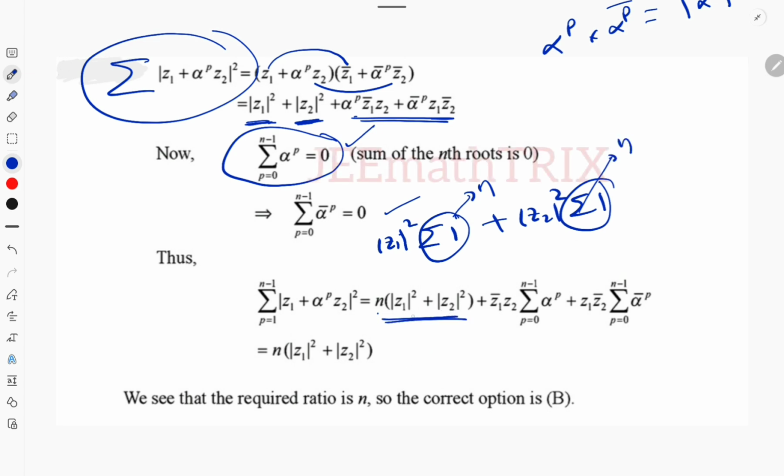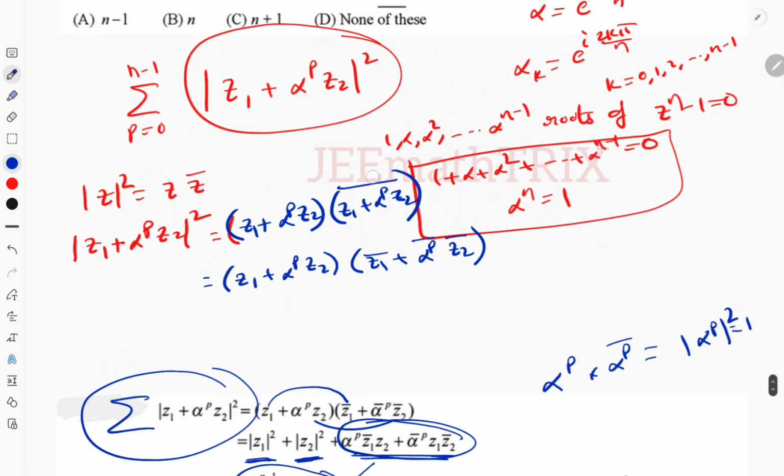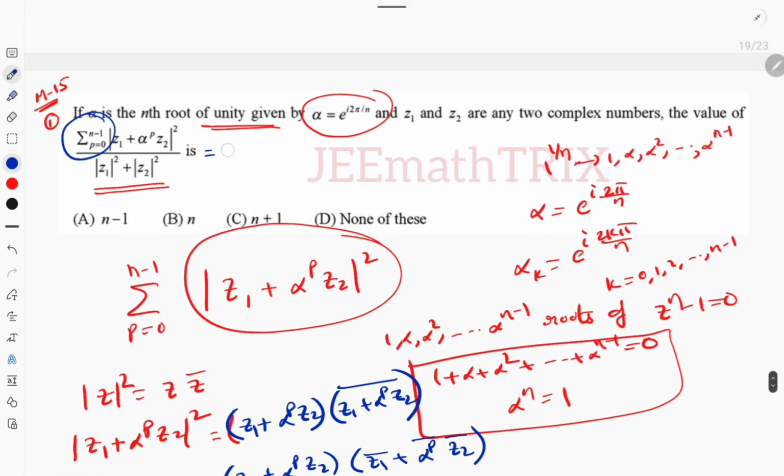So n times mod z1 square plus mod z2 square, and the remaining two terms under sigma notation will be 0. This part will be 0, this part will be 0. So the numerator comes to n times mod z1 square plus mod z2 square, so the required expression will be n.